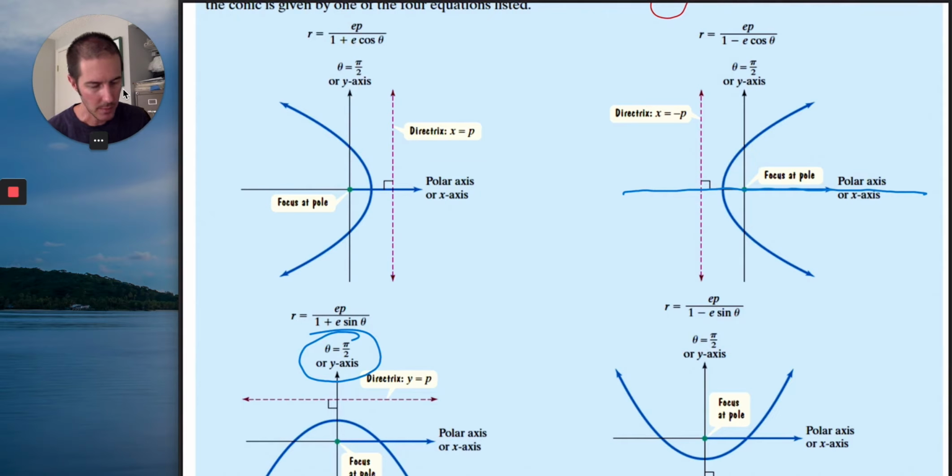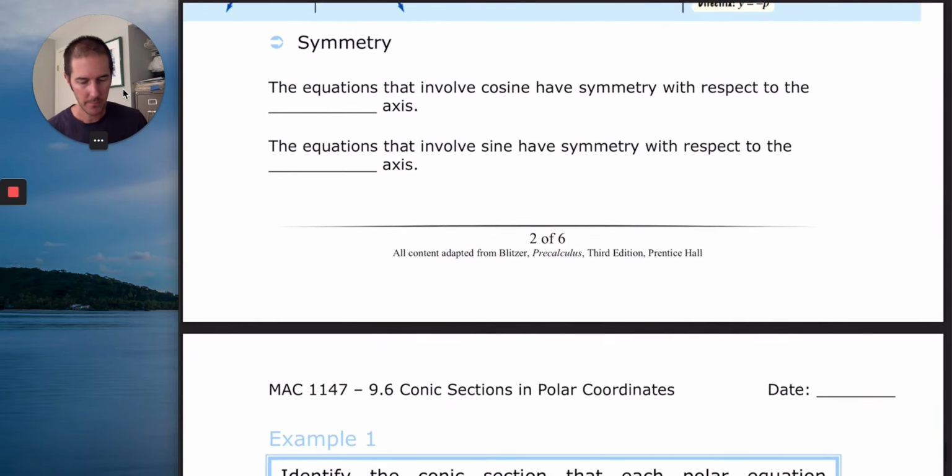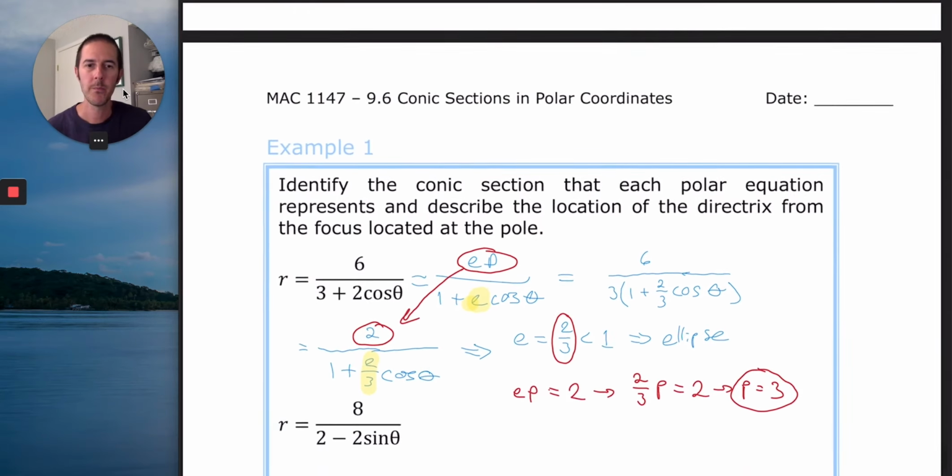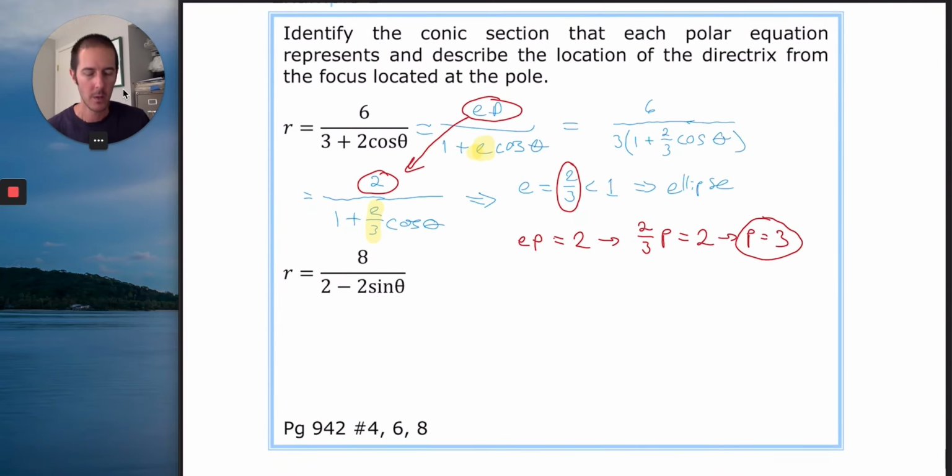We can see in the top left corner, in the denominator, the plus sign and the cosine, which means we are concave to the left. And then let's come back down. If my curve is going to be concave to the left, that's a very squiggly horizontal axis.